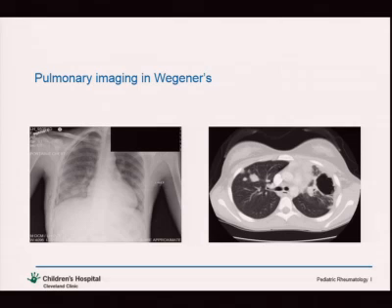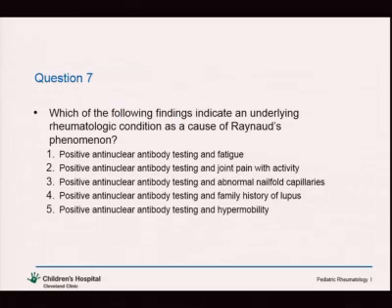So here's a chest CT with cystic lung disease. You see some evidence of lung disease on the x-ray, but the CT brings out the pathology better. And we have run out of time, as Dr. Sabella is probably walking up here, but which of the following findings indicates an underlying rheumatologic condition is caused by Raynaud's phenomenon?